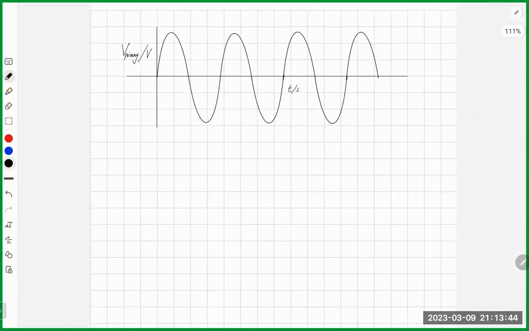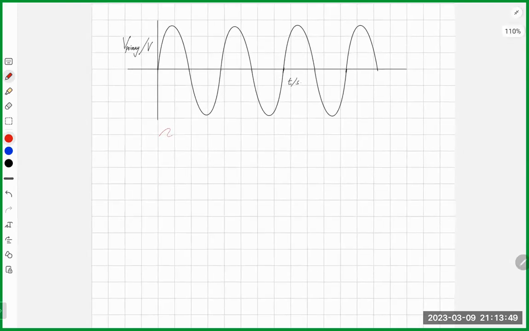Now, what we should expect in secondary coil?